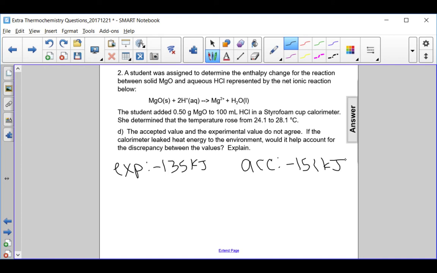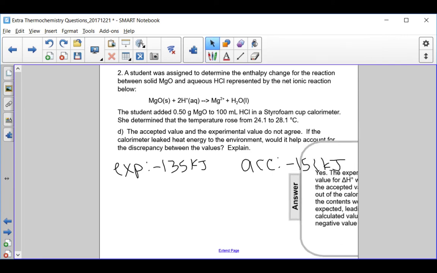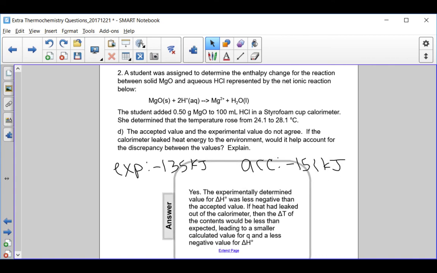If the calorimeter leaked heat energy to the environment, so if we can't say that no heat is lost, if some of the heat is lost outside of the styrofoam cup, would it help account for the discrepancy between the values and explain? So, yes.